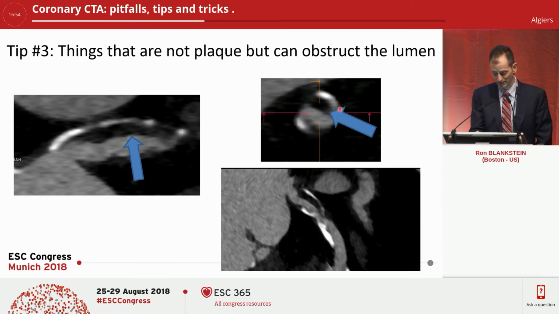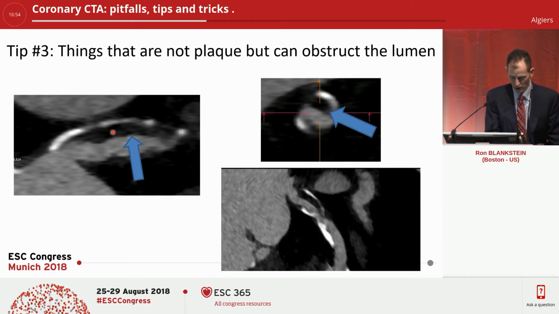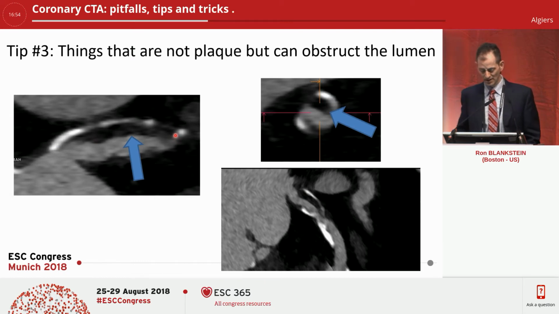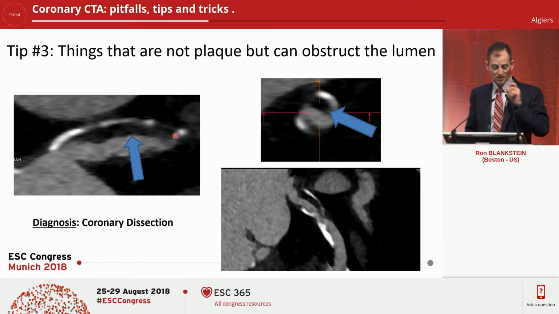This is, in fact, black, and this filling defect extends from the left main all the way into the proximal LAD. This is a coronary dissection, and I have to tell you, in many thousands of CTAs that I've read, this is the most obvious and most significant coronary dissection I've ever seen. They're usually not this easy to recognize.